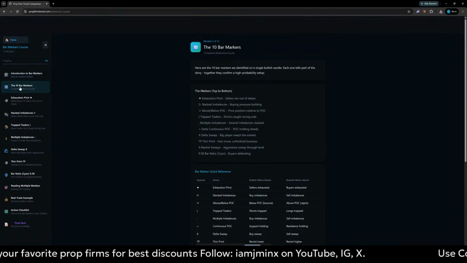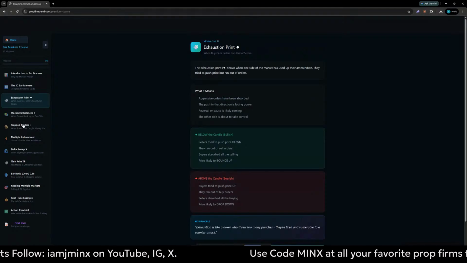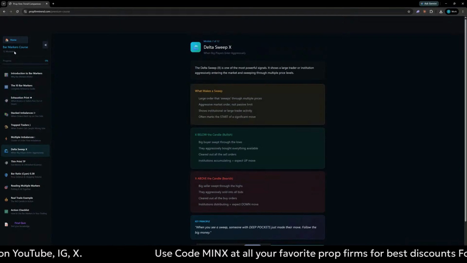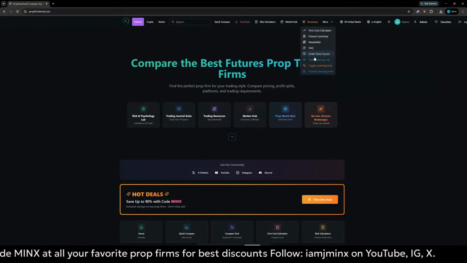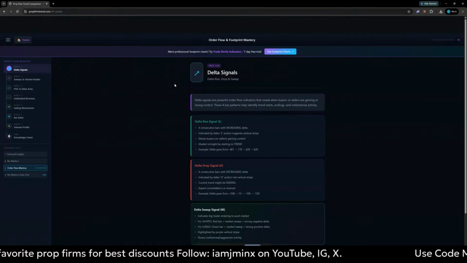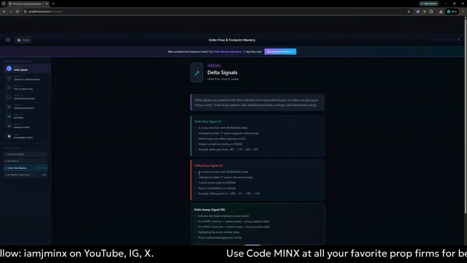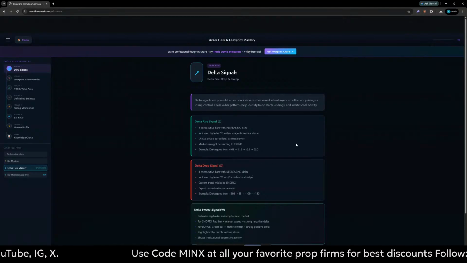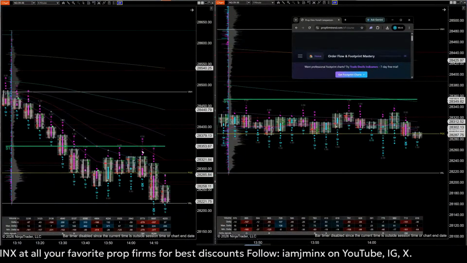I'm just trying to show you guys where you can check it out. Okay, so delta drop means 4 consecutive bars with decreasing delta. That's that little arrow right here.